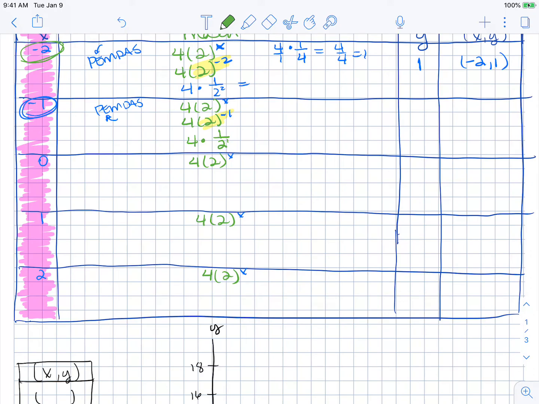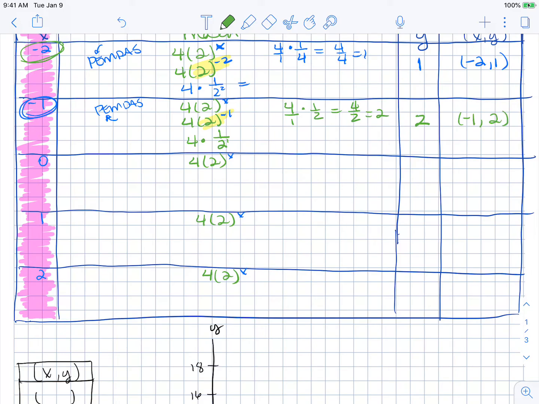That's the same as 4 times 1 over 2, and this is really 4 over 1. That's 4 over 2 when I multiply straight across. And 4 divided by 2 is 2. My ordered pair is negative 1 for my x and 2 for my y.